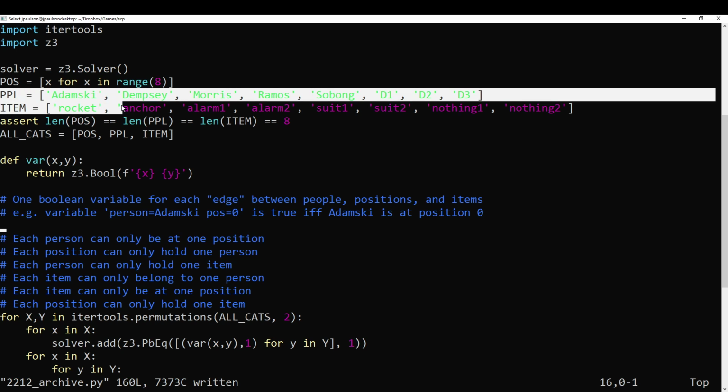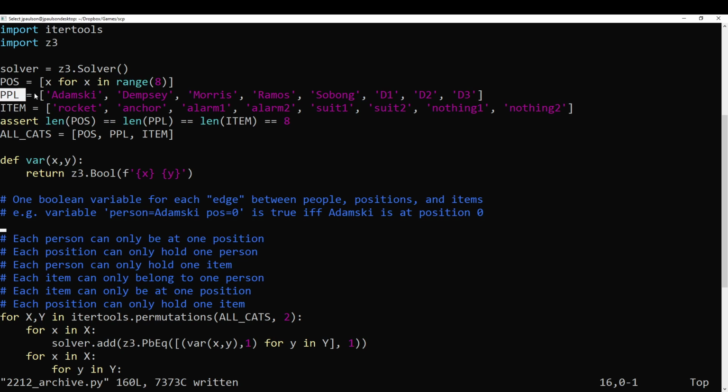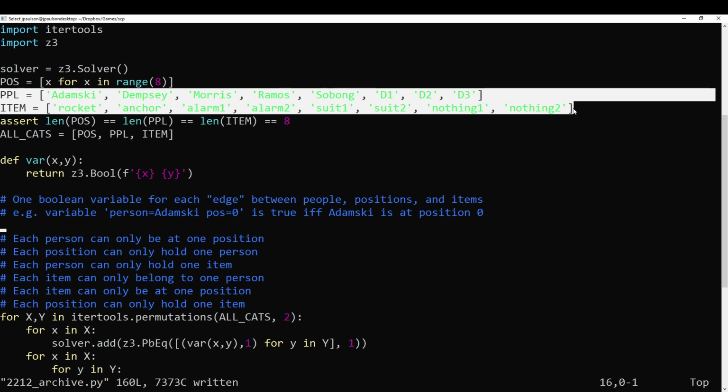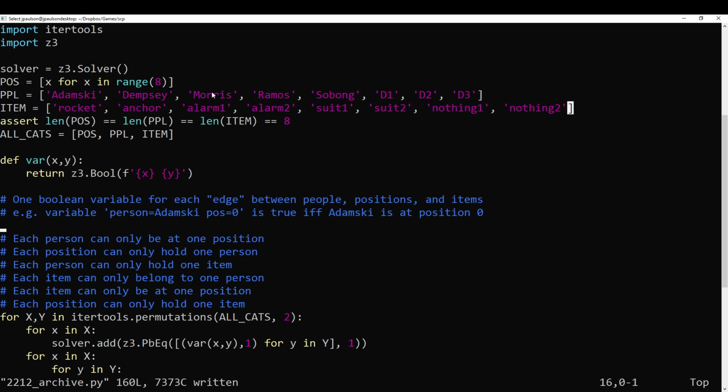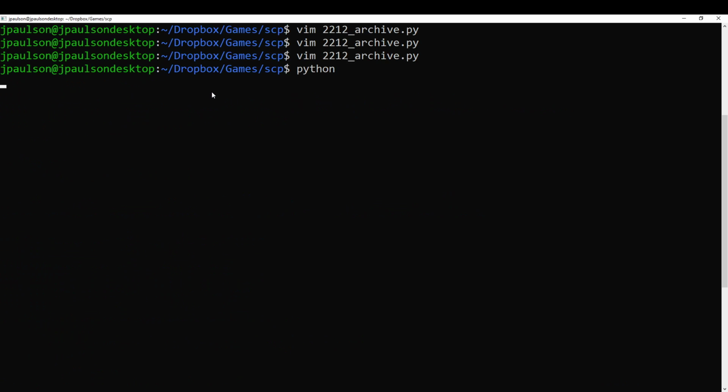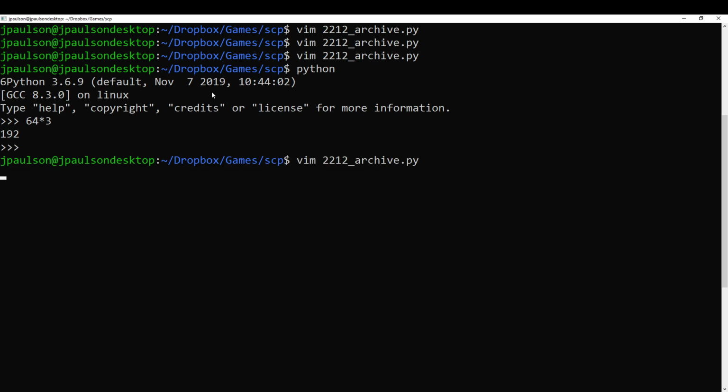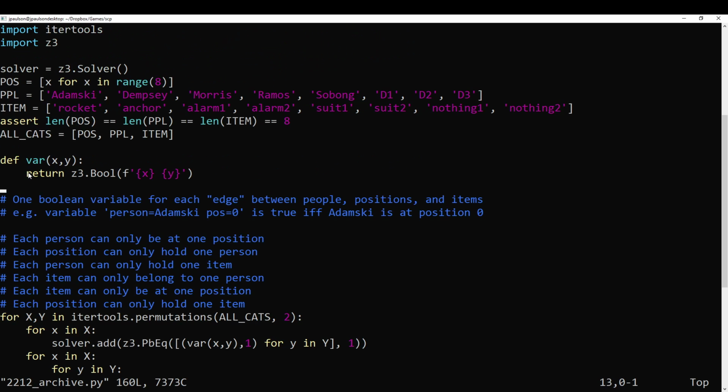But it's going to be convenient for expressing the constraints. So that's a total of 64 times 3, which is 192 Boolean variables.